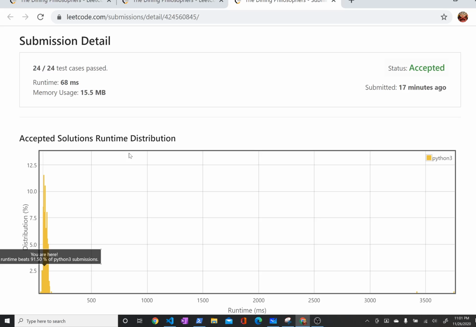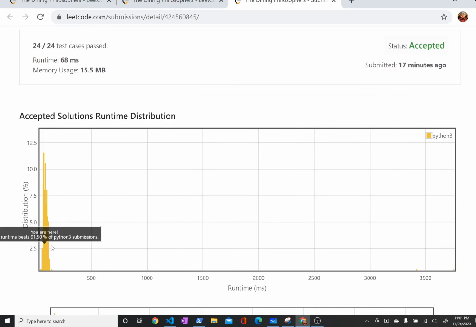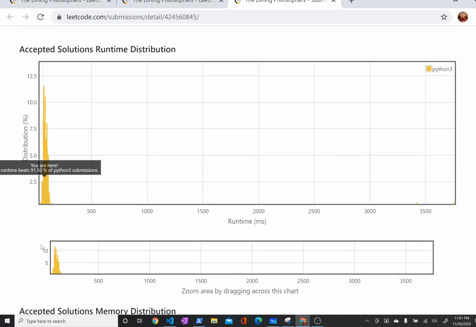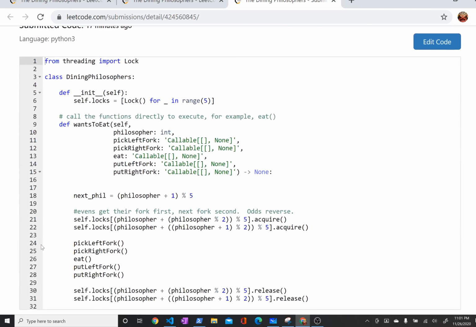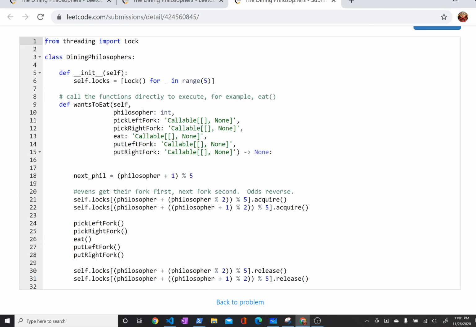So let's always get 2 philosophers eating at the same time. And making that change, I got up to 91.5 percentile for speed, but I'm pretty sure this is just a lot of random variation in here. So I think probably all solutions, other than the first one I showed you, all solutions that involve 2 philosophers simultaneously eating are going to effectively be about the same speed. But let me just walk through this 2 philosophers eating simultaneously.